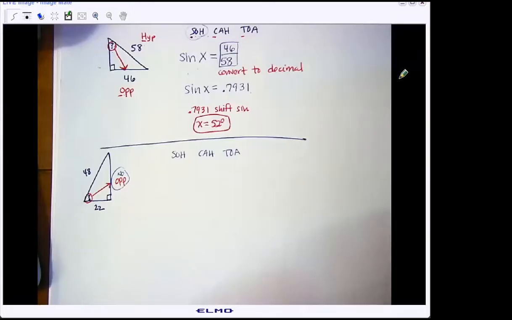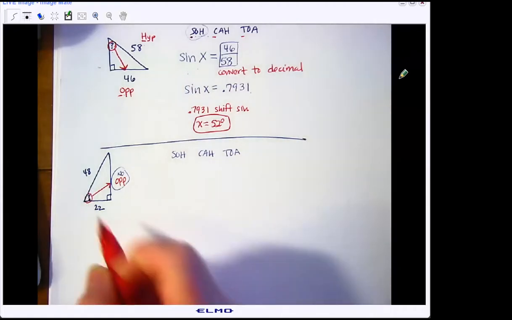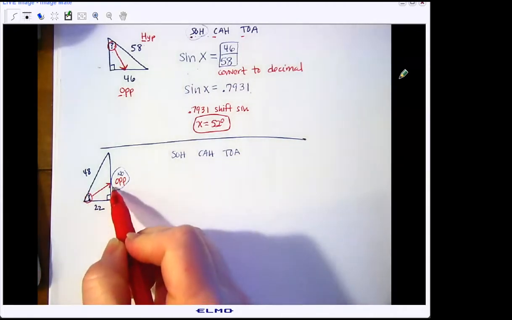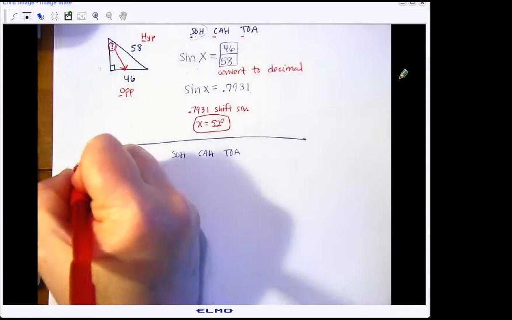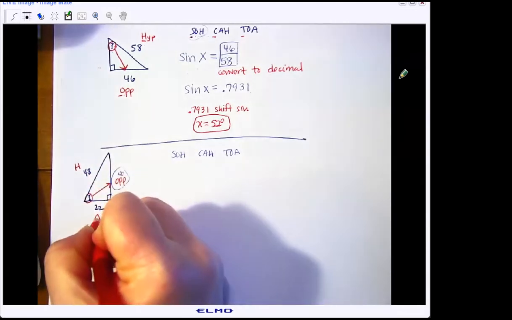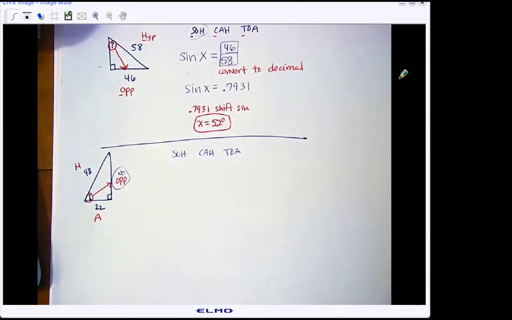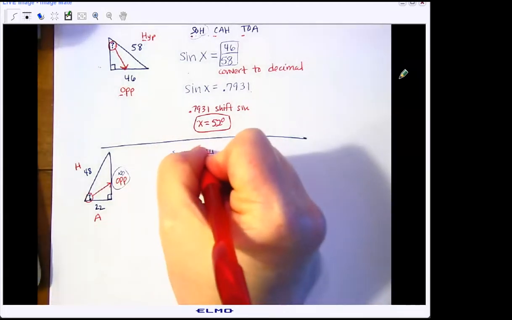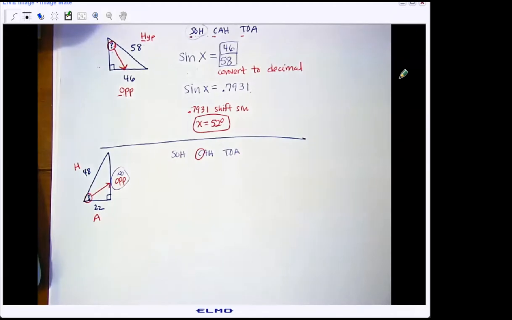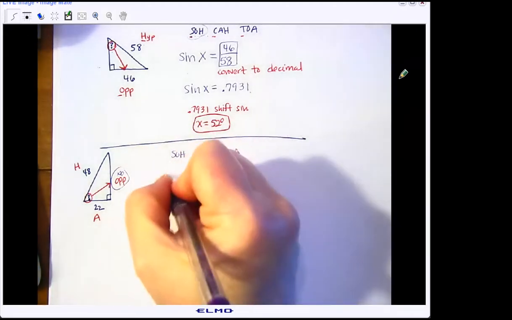Okay, so when we start to label our triangle, we realize that there is no O, but there is an H and there is an A for adjacent and hypotenuse. So A and H is going to be my C, and C is for cosine. Nice. So we are going to use cosine.